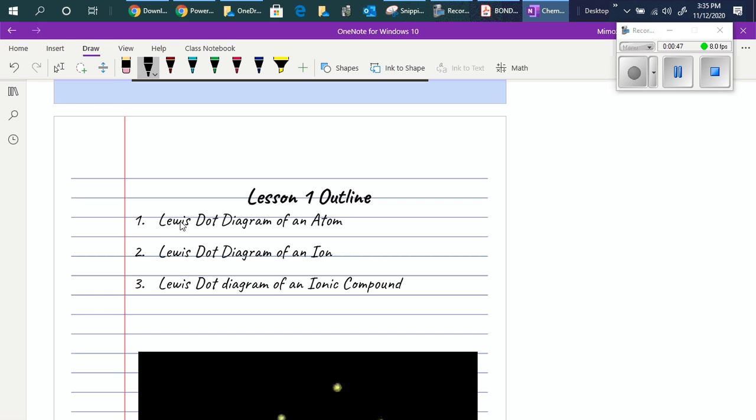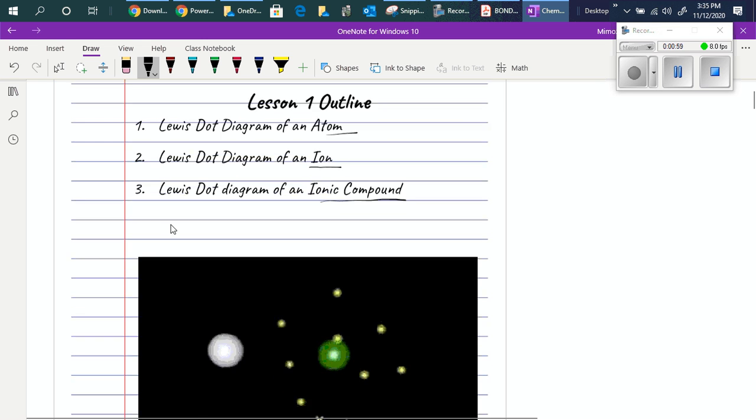So we'll start with the first lesson, which is drawing the Lewis dot diagram of an atom, drawing the Lewis dot diagram for ions, and drawing the Lewis dot diagram for ionic compounds.